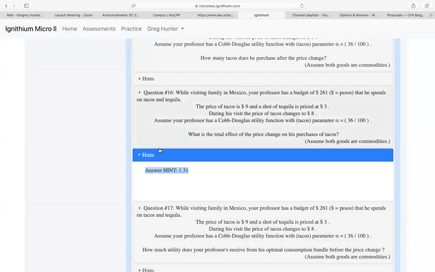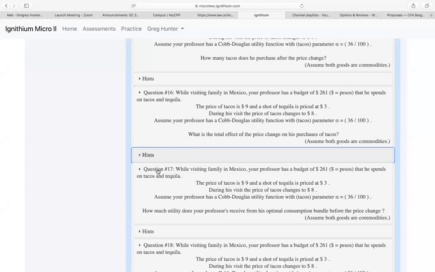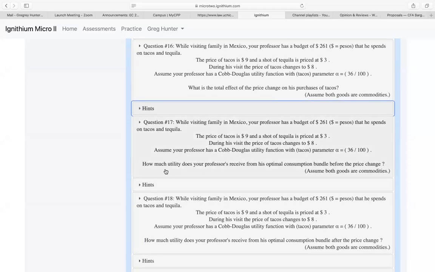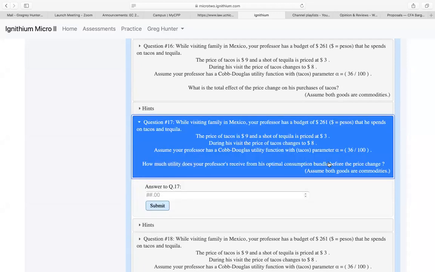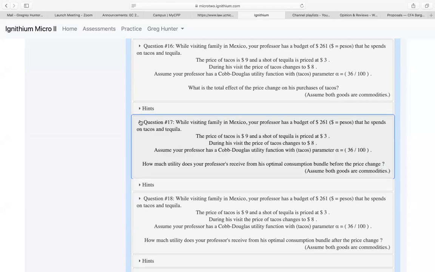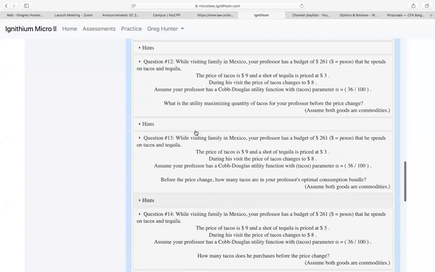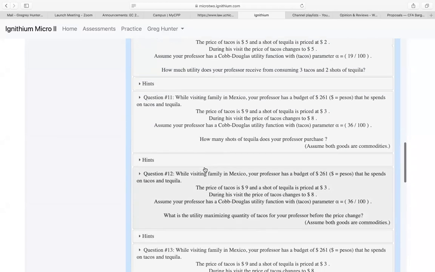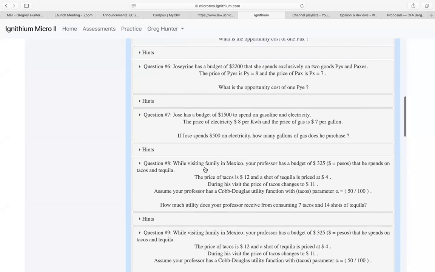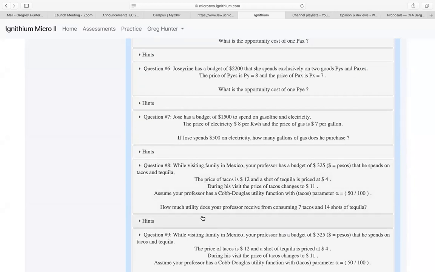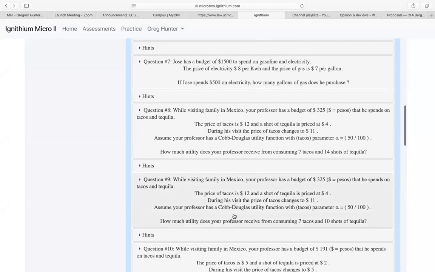So we're on number 16, and number 17 is asking about how much utility before the price change. This is a pretty simple problem, because we were already calculating utility levels in earlier problems, like question number 8 and question number 9.